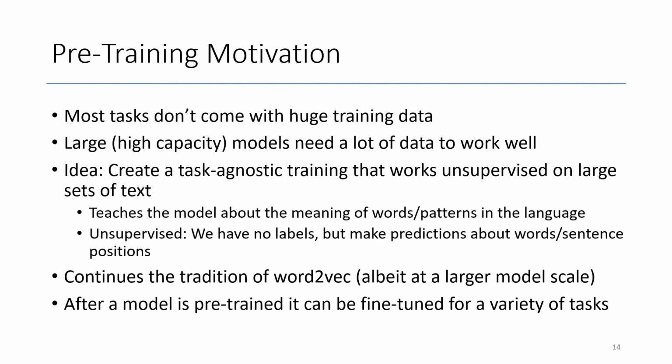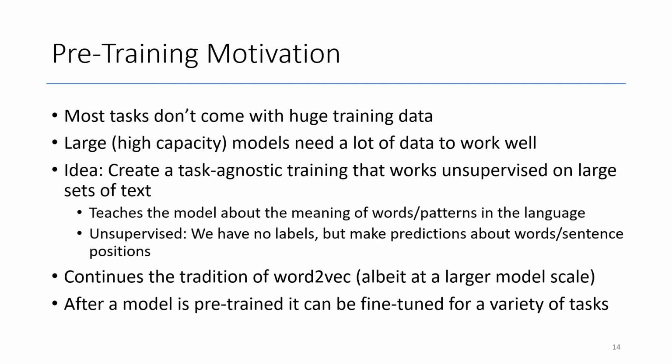So the idea for pre-training is to create a task agnostic training that works on unsupervised sets of text. Very similar to how Word2Vec was trained. We teach the model about the meaning of words and patterns in the language, and we don't need labels for that, but we just make certain predictions about word or sentence positions.